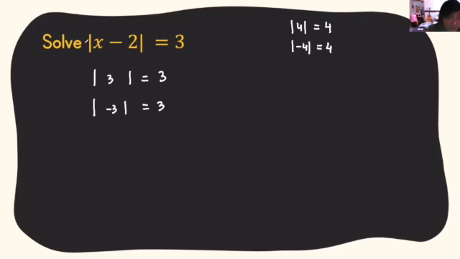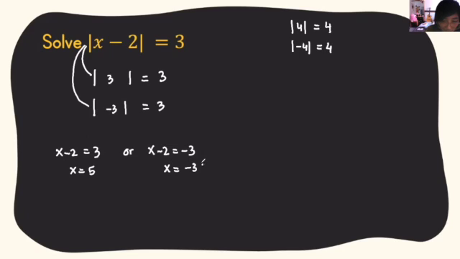Now, to write the solution, we can write that x minus 2 equals 3 or equals negative 3. Now, just solve it. x equals 5, here x equals negative 2 plus 2, so this equals negative 1. So our solution is negative 1 and 5.